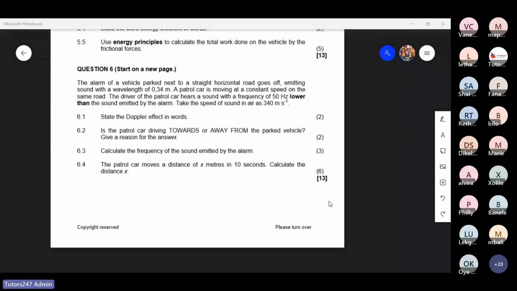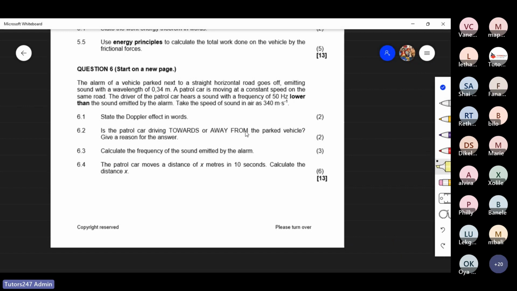So our first question is Doppler effect. We'll skip that one. So we've got question 6 from a 2018 November exam paper. We've got the alarm of a vehicle parked next to a straight horizontal road goes off, emitting sound with a wavelength of 0.34 meters.